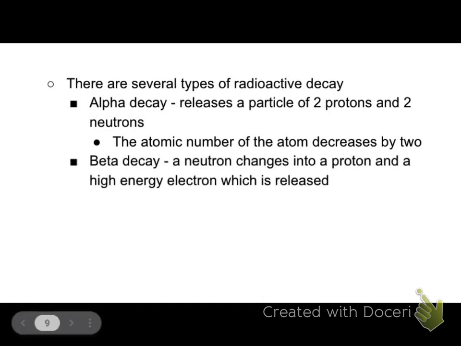In beta decay, a neutron changes into a proton and a high energy electron. Remember when we talked about quarks, how protons and neutrons and electrons are made of quarks? Well, when a neutron breaks down and those quarks come apart, we're left with a proton and then a very high energy electron, which is called a beta particle, and that beta particle is released.